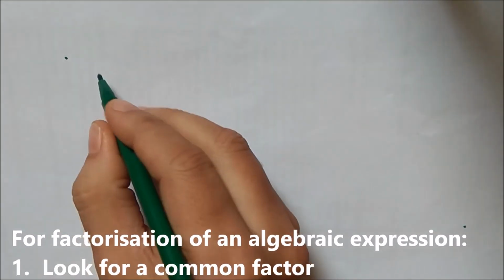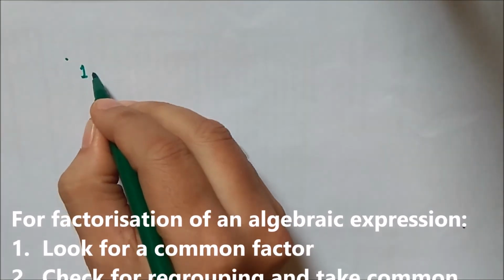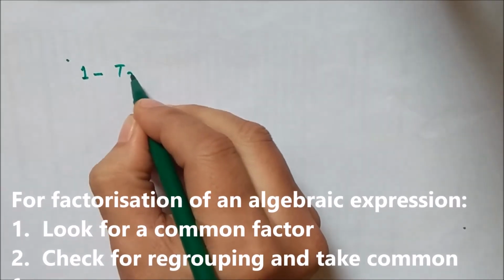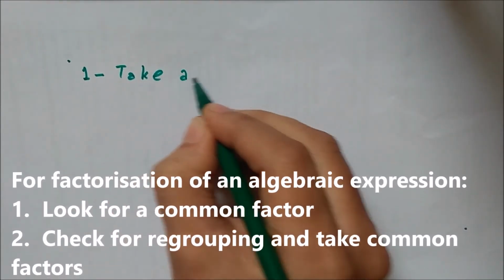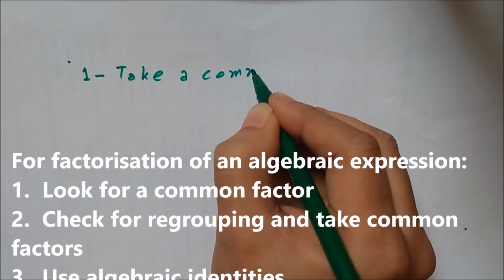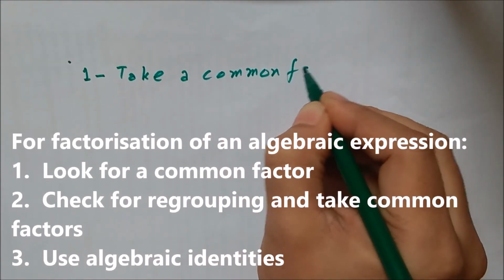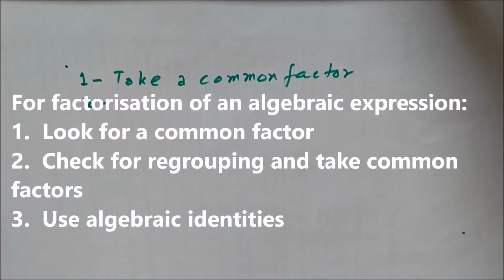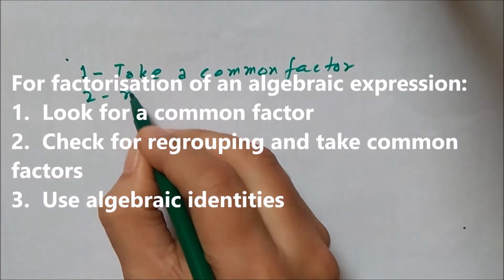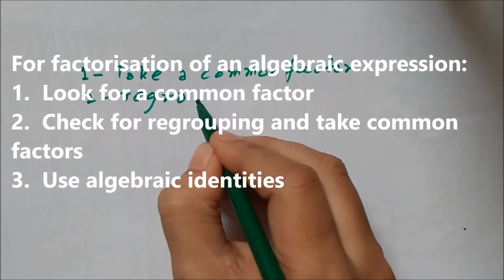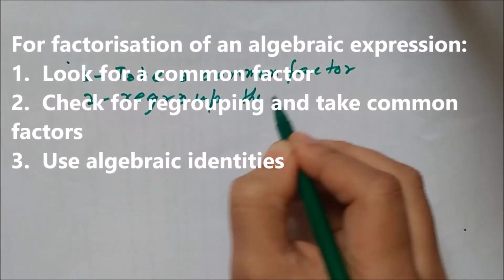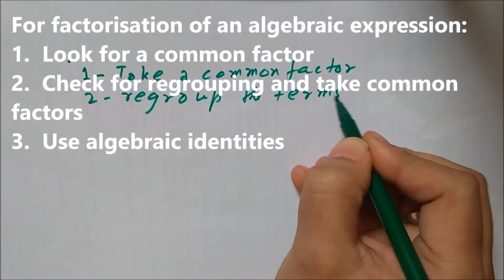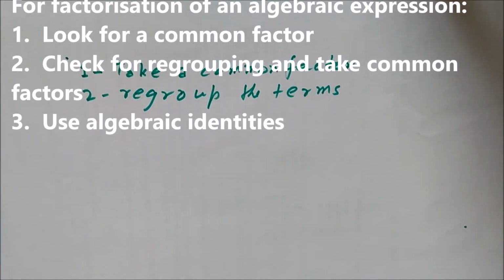Now finally, to summarize, when we have any given algebraic expression, the first job we do is try to take a common factor. The second thing, if there are no common factors, we regroup the terms to take a common factor.